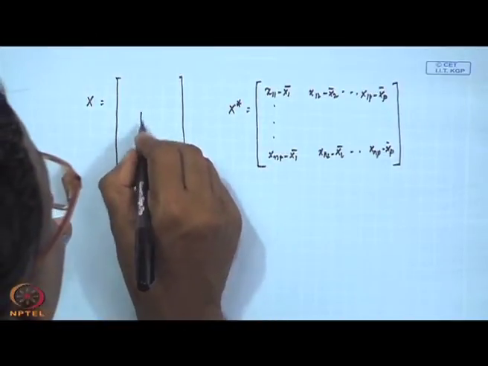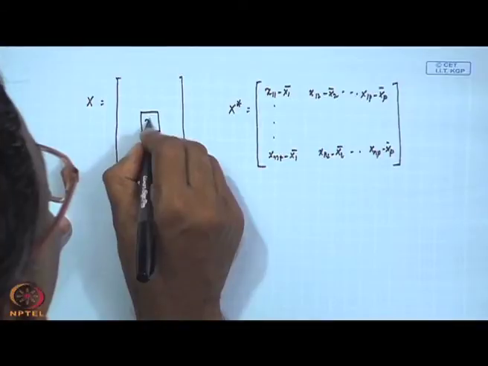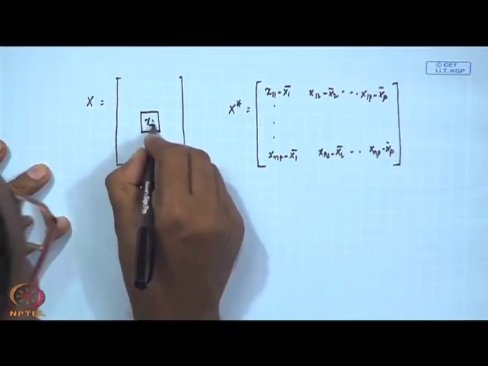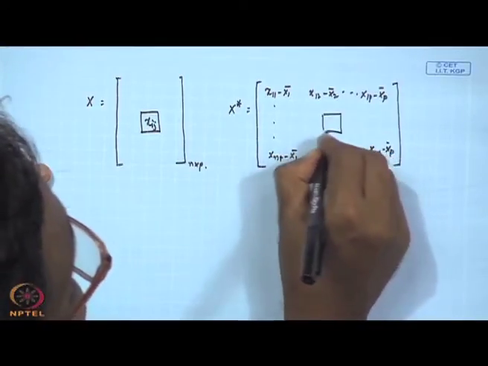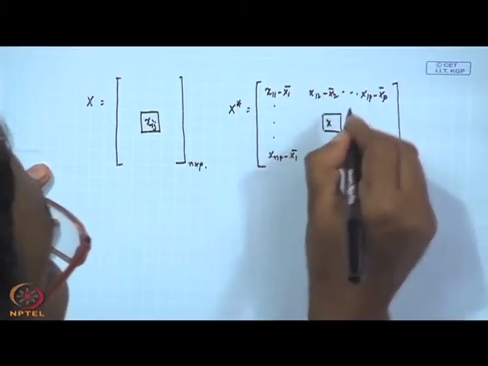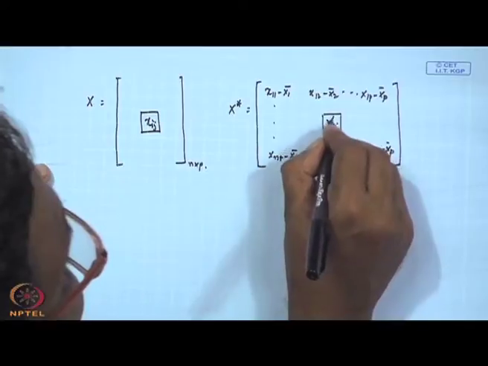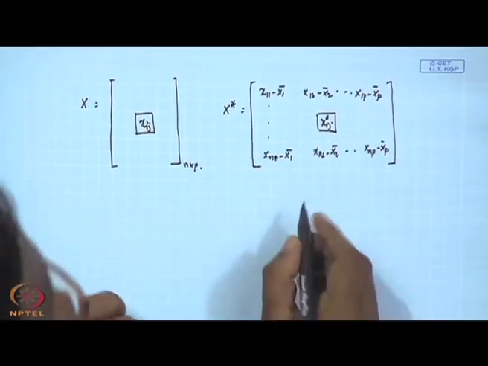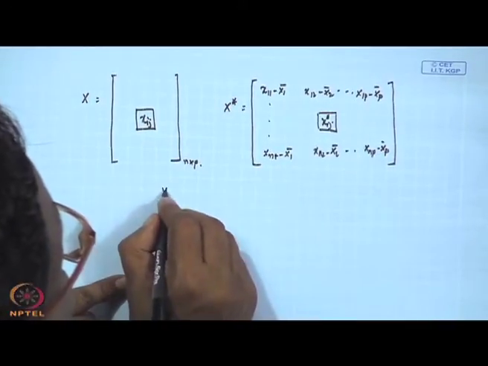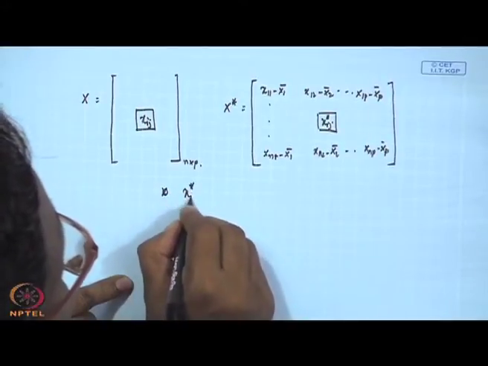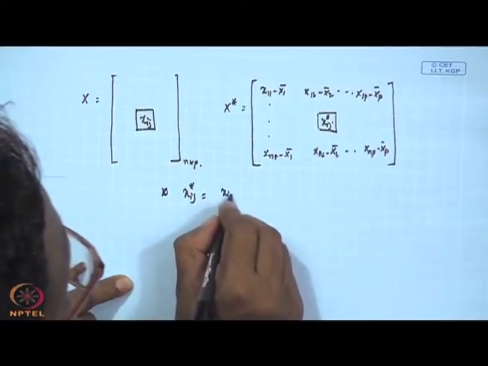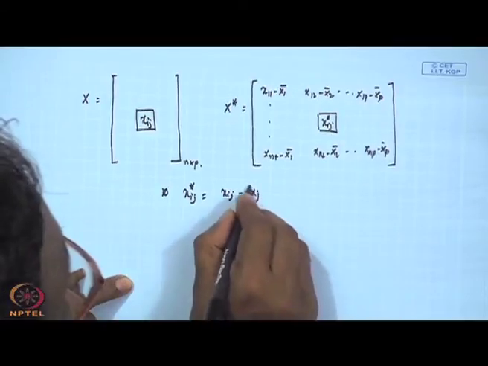and here we created one general x ij star, where x star ij is x ij minus x j bar.